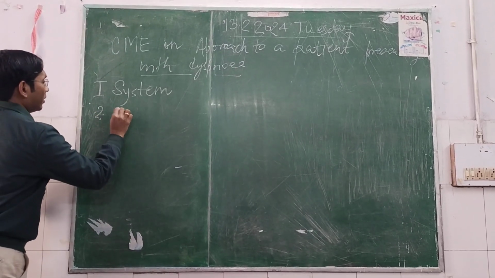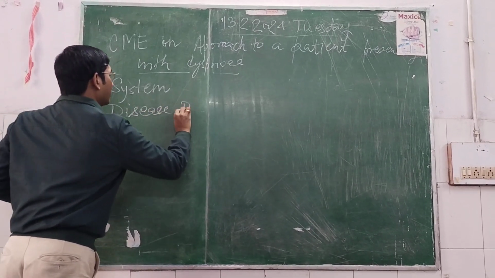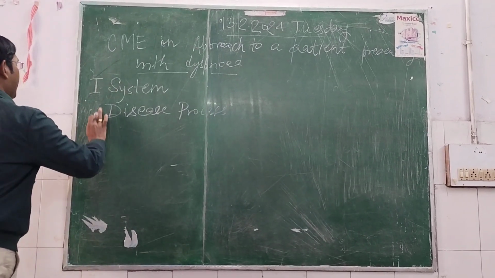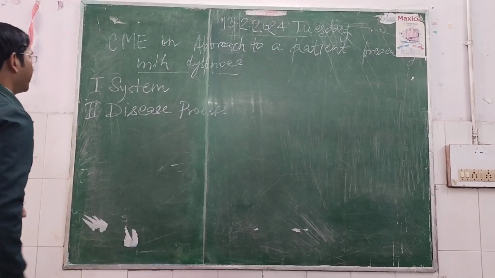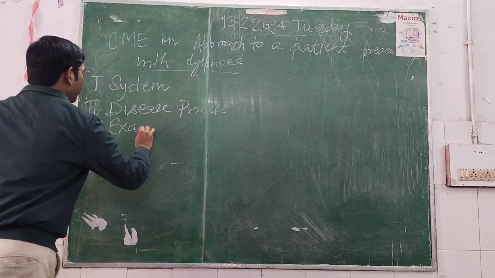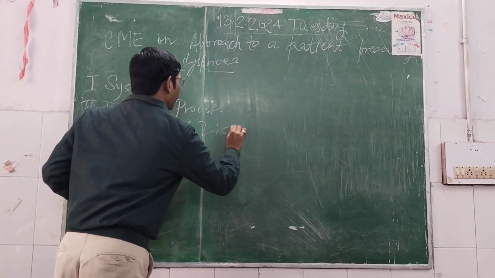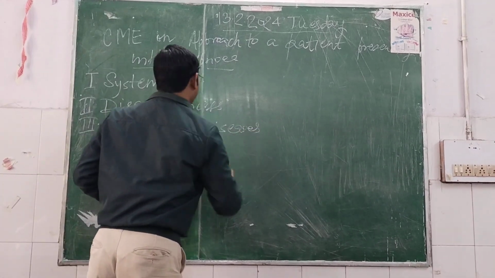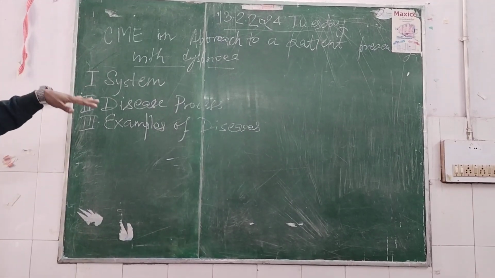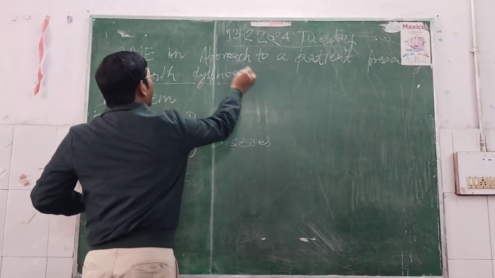Then disease process. Then examples of diseases. What are the systems involved? What is the disease process involved? And what are the examples of diseases which present with dyspnea?